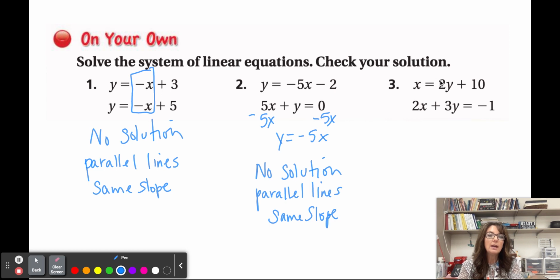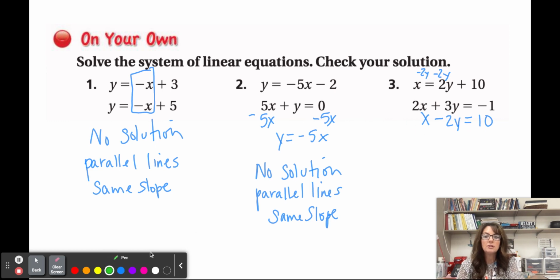So I'm going to go ahead and subtract the 2y on both sides. I'll rewrite it down here. So we have x minus 2y, and that's equal to a positive 10. Now we have the like terms under each other, and then I'll use elimination.